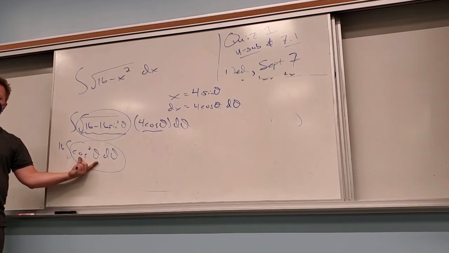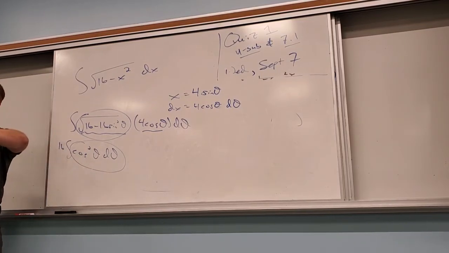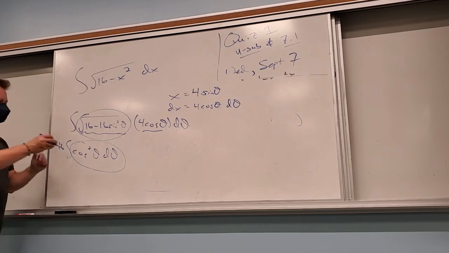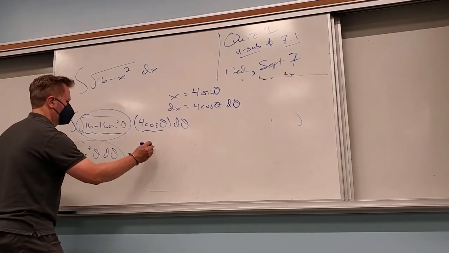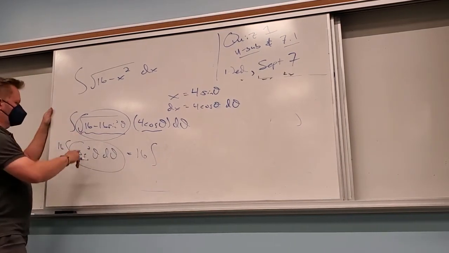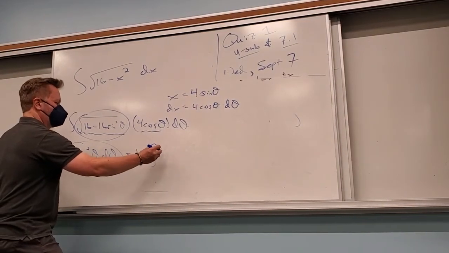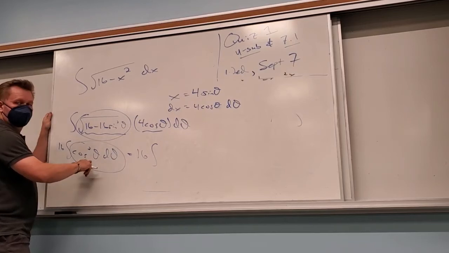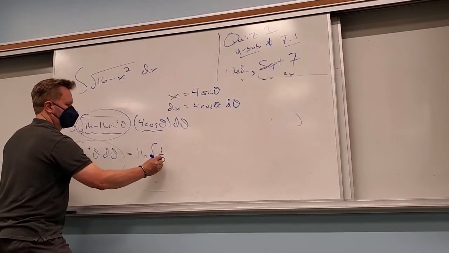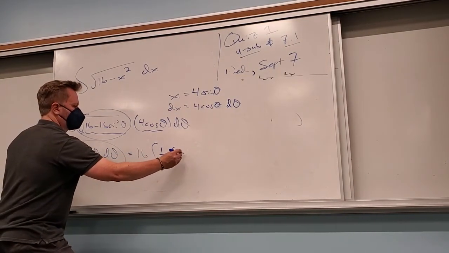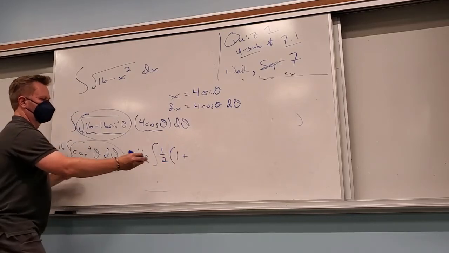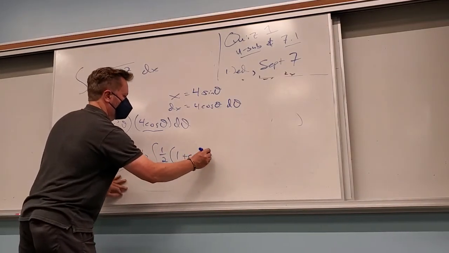What do I use here? Power reduction, yeah, right? So this would be 16 integral of cosine squared. What do you replace cosine squared with? 1 plus cosine 2 theta.